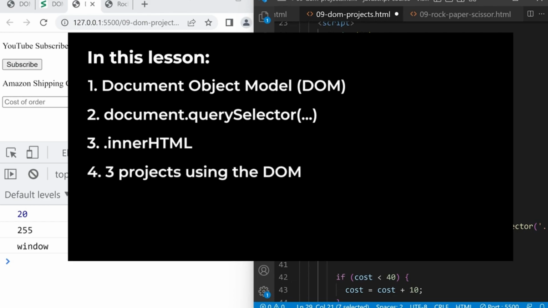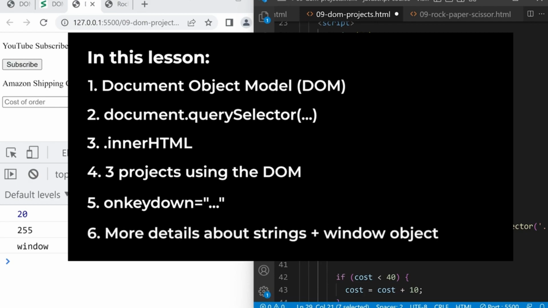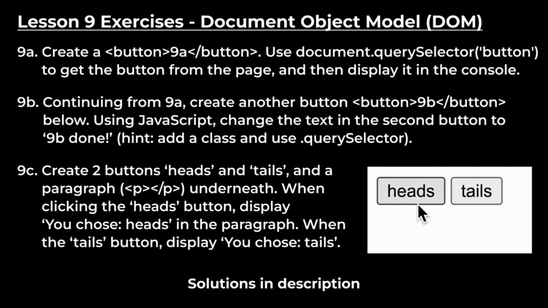We worked on 3 projects using the DOM. We learned how to make elements interactive with the keyboard using onKeyDown, and we learned some more details about strings, as well as the window object, which represents the browser. Here are some exercises you can do on your own to practice using the DOM.